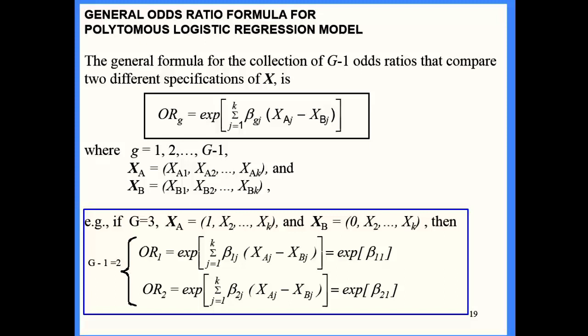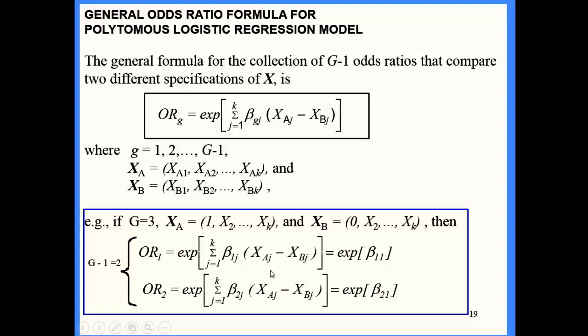And if you actually crank things into this formula, OR1 will be e to the beta. It's an e to the beta formula. It will be e to the sum, j goes from 1 to k, beta 1j times x_aj minus x_bj, but you notice that x2 and x2 are the same for persons A and B. So when you're talking about the second of these j's, this part drops out of the model.